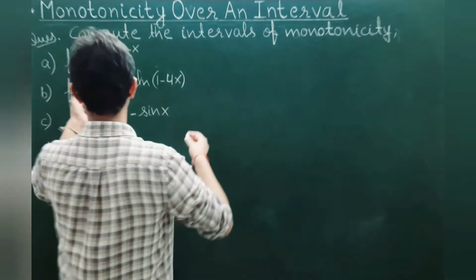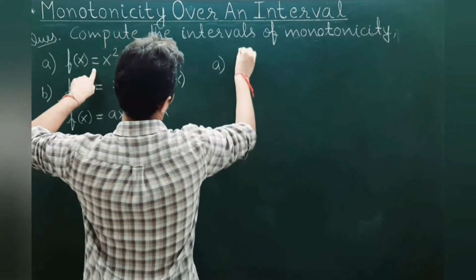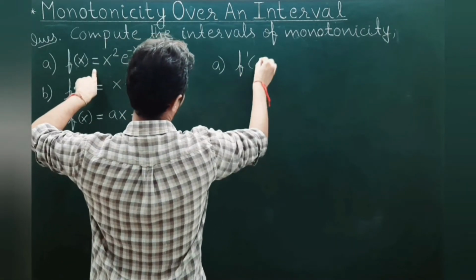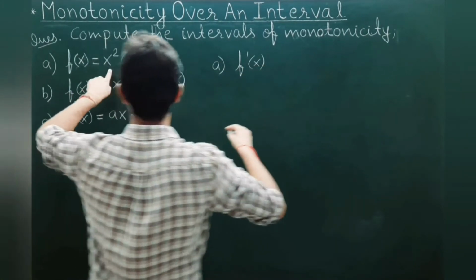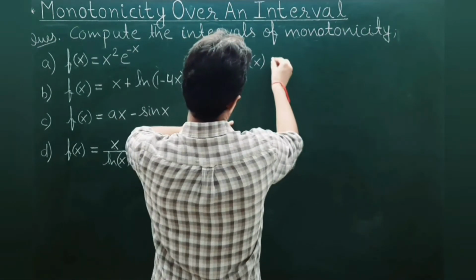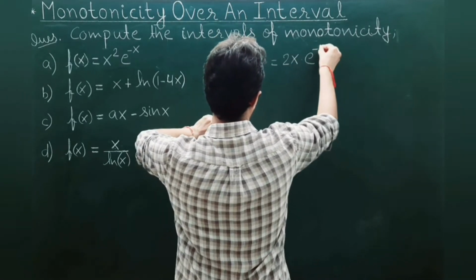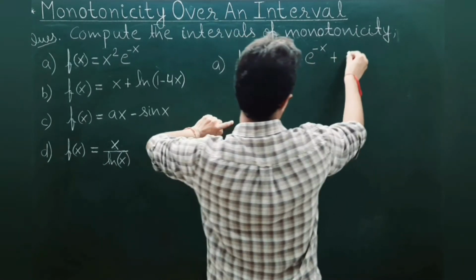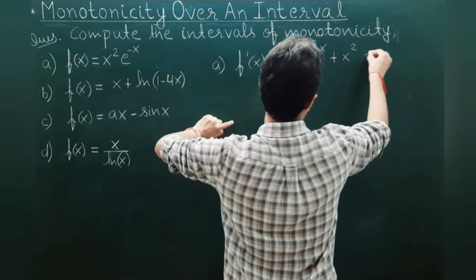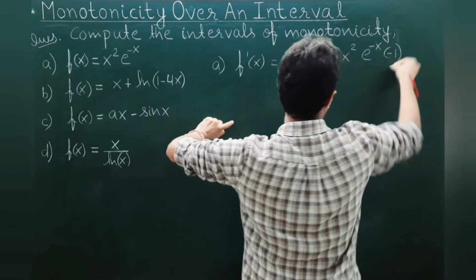Okay, so in the first example I have f(x) equals this. Let's differentiate it directly. f dash x is going to be, we can apply the product rule, that is 2x into e to the power minus x plus x square into e to the power minus x into minus 1 by chain rule.